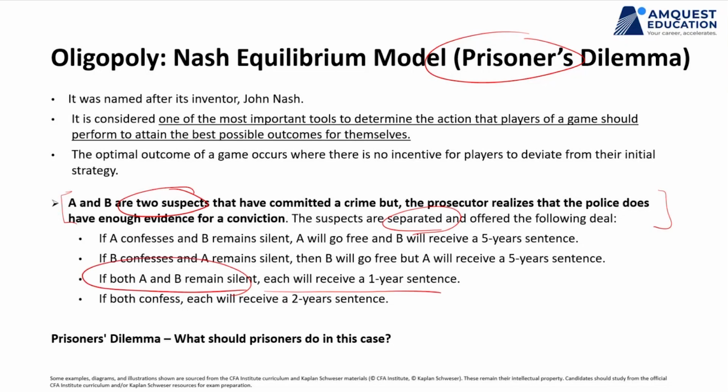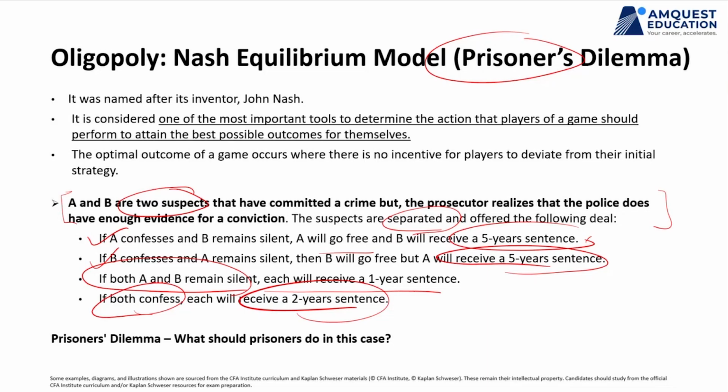If A confesses and poor B is silent, then A is free, but B got 5 years. He's ruined. If B confesses and A is silent, poor A stayed silent but got 5 years and B goes scot-free. If both stupidly confess, then both will get a sentence and that's also the worst case scenario.